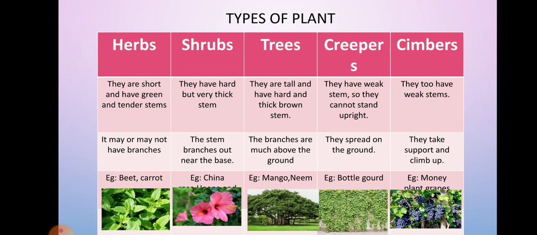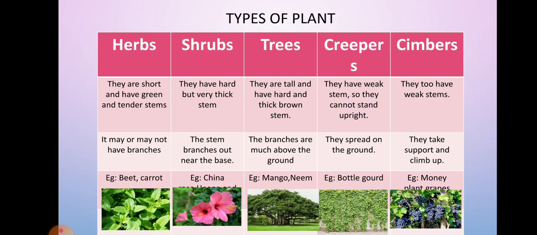The first is herbs. You can see that they are very short and have a green stem. The stem of the plant is green and it may or may not have branches. Some herbs may have branches, some may not. The examples are beet and carrot.